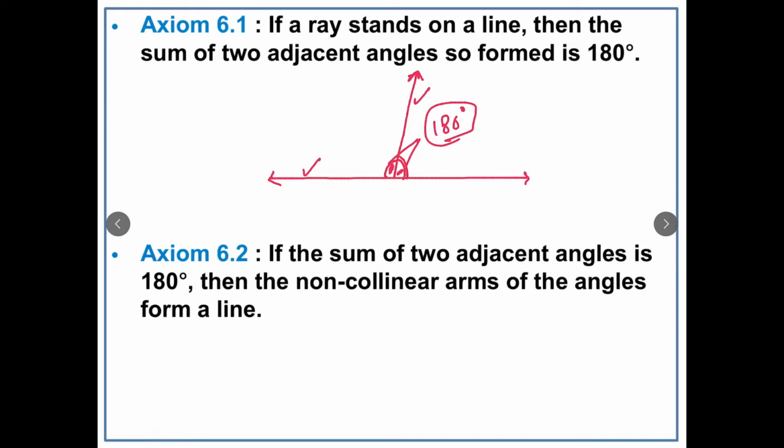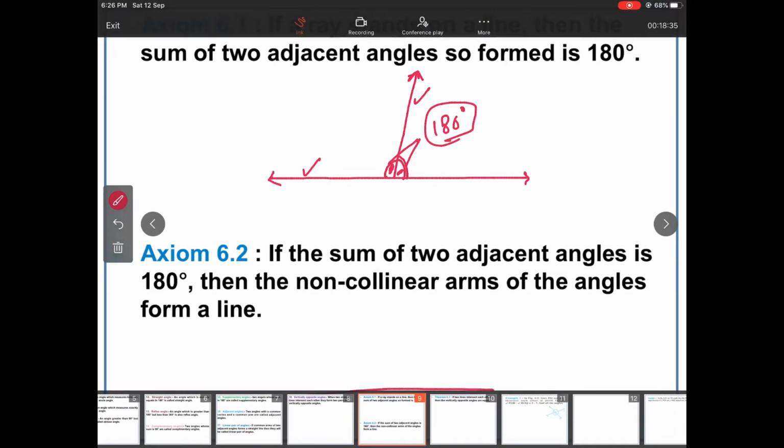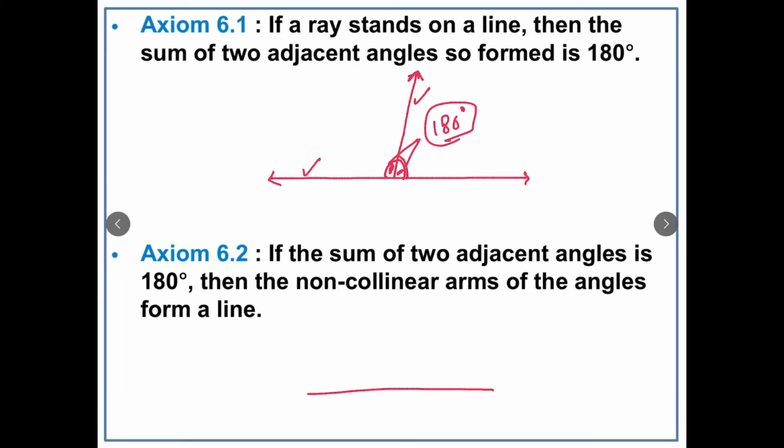Next is axiom 6.2, which is the converse of axiom 6.1. It says, if the sum of two adjacent angles is 180 degrees, then the non-collinear arms of the angles form a line. Suppose we have a line like this. We don't know whether this line is a straight line or not, and we have a ray standing over it.